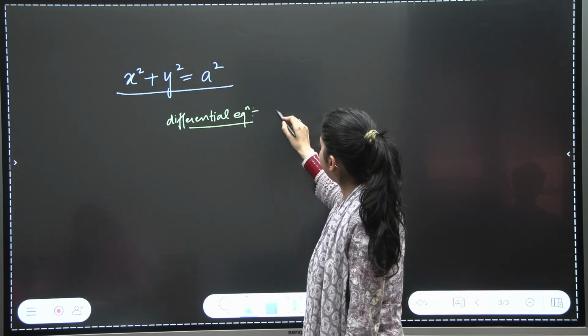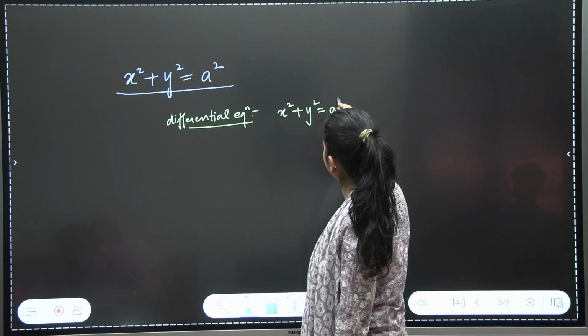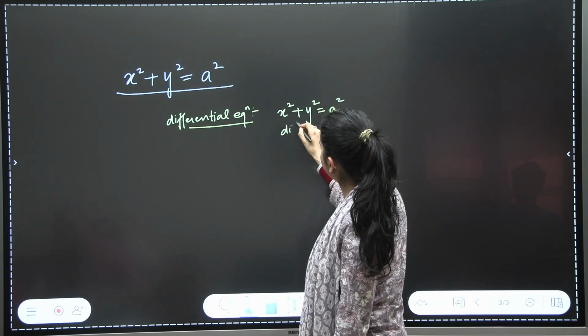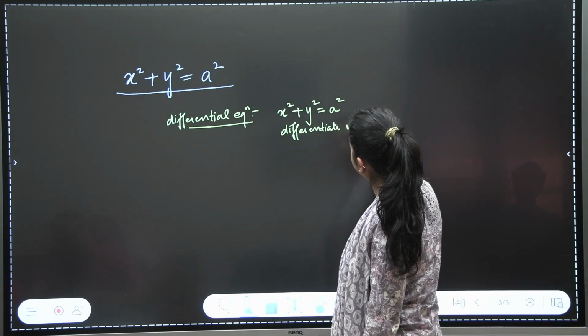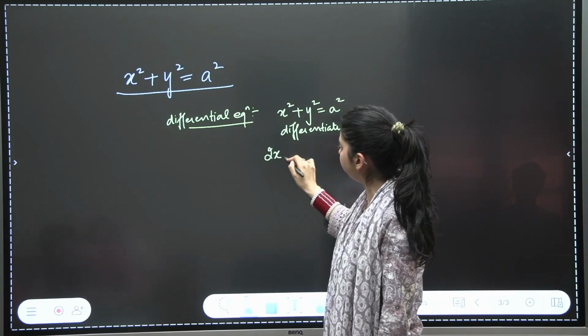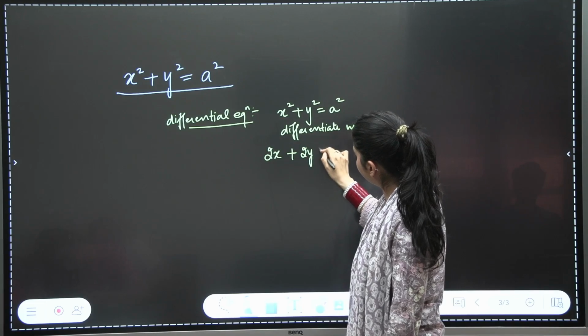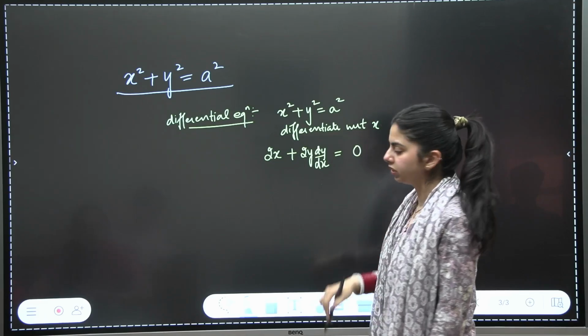So I have x square plus y square is equal to a square. I'll differentiate with respect to x. Once I differentiate with respect to x, what would be the derivative? 2x plus 2y dy by dx is equal to the derivative of a square, which is 0.